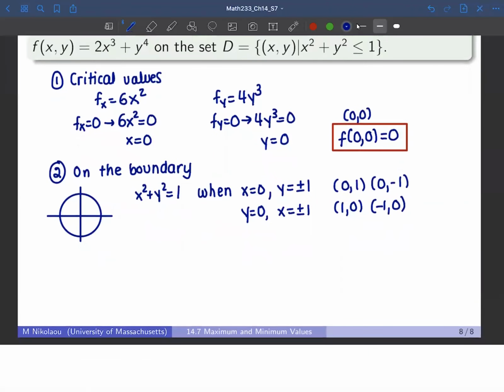For the point (0, 1), the value of the function is the same as the value at the point (0, -1), and it's equal to 1.